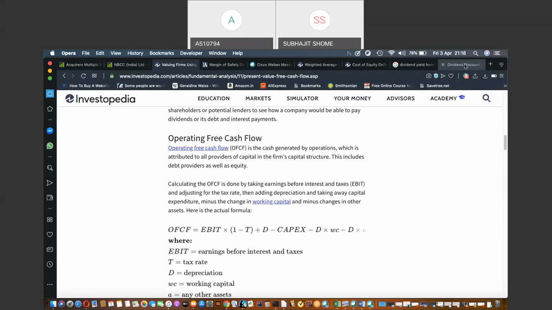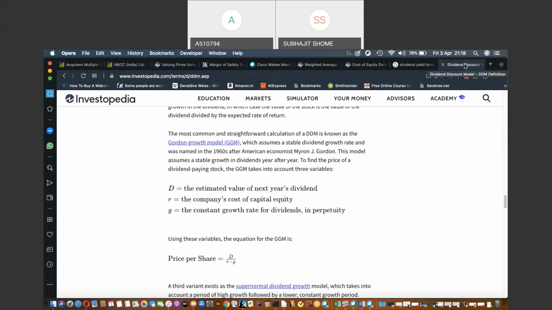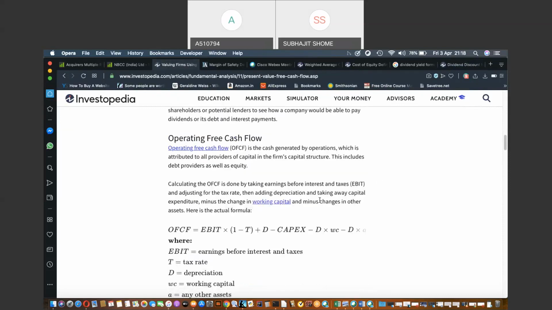Any idea? Last year, not this year, because this year they brought it down. What is the corporate tax rate? If you get 100 rupees in profit, how much do you need to pay in tax?